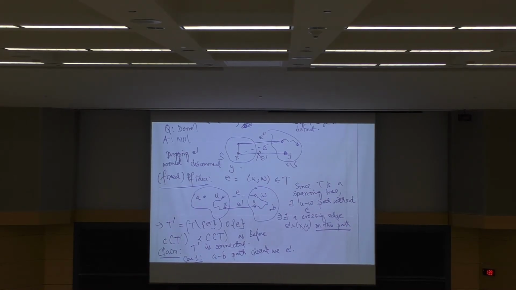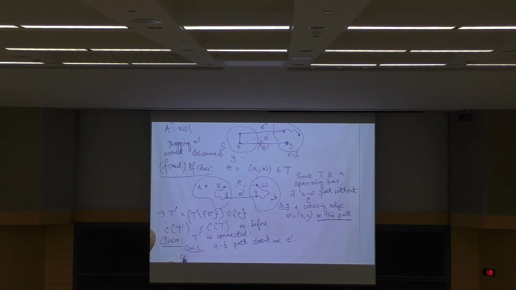In that case, we are fine, because whatever edges we had before, we still have. If A and B were connected via a path that didn't use E prime, that path remains intact in T prime. The only problematic case is if the only path connecting A and B went through E prime.